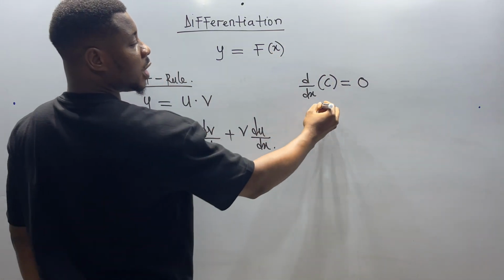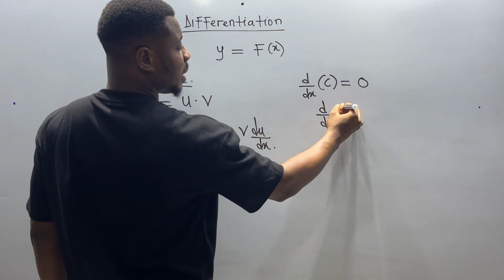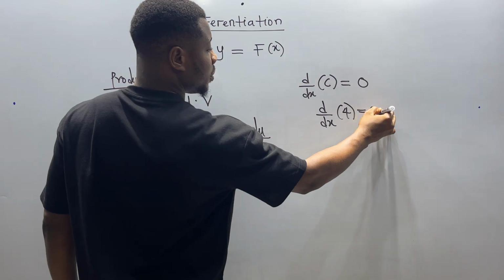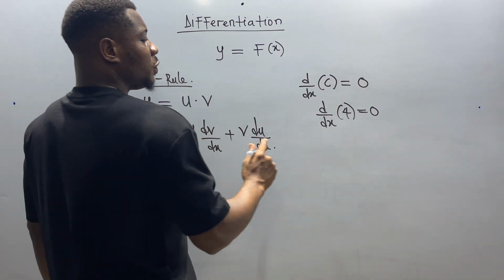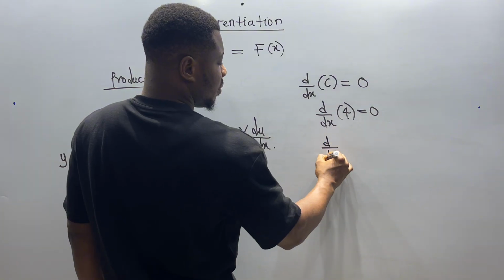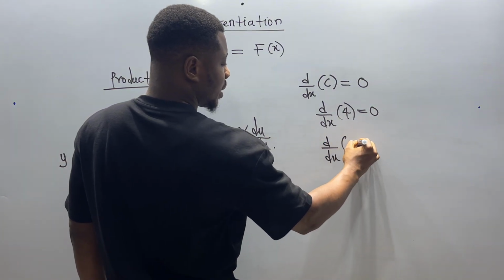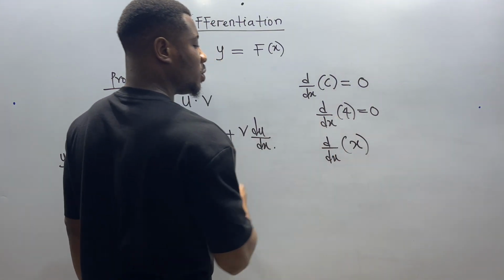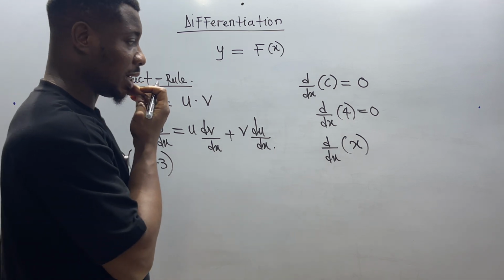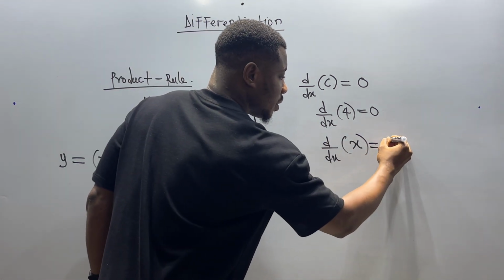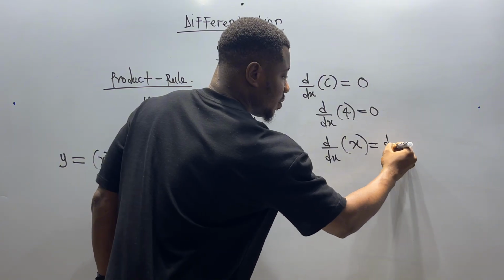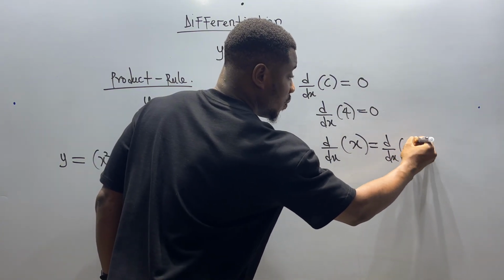Which means if we look for the derivative of something like 4, it gives us 0. In the same way, what if we look for the derivative of x, for instance? What do we do? Apply the same technique here. This is the same as saying we are finding the derivative of x to the power of 1.